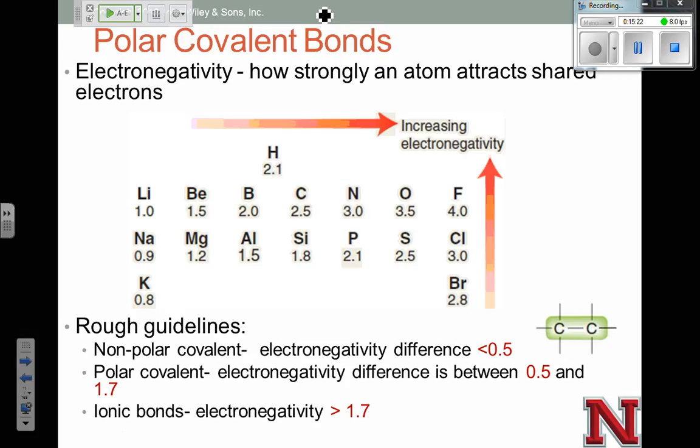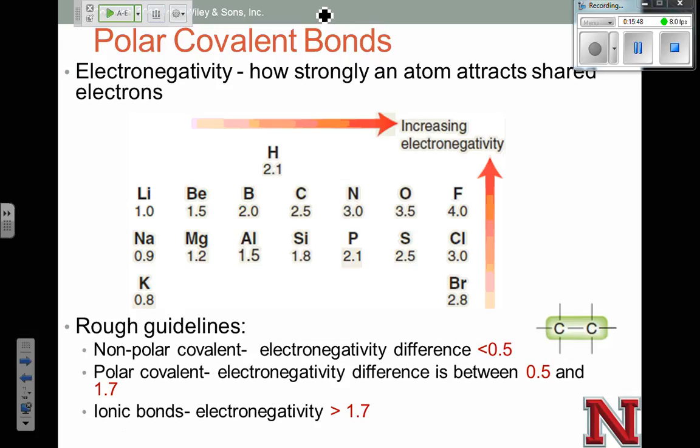But our polar covalent bonds have larger electronegativity differences. Pretty much carbon and hydrogen are nonpolar, but carbon and nitrogen are polar, carbon and oxygen are polar, carbon and fluorine are polar.